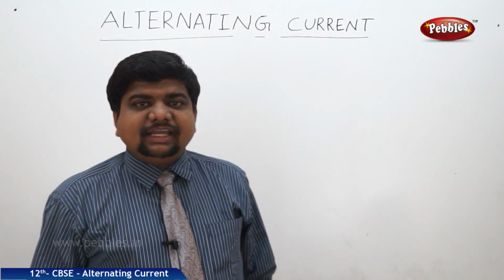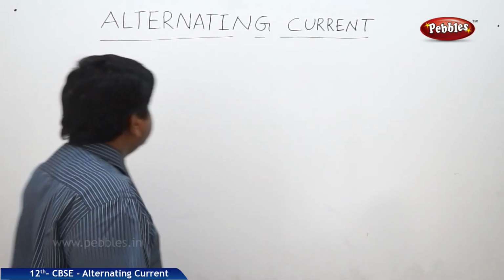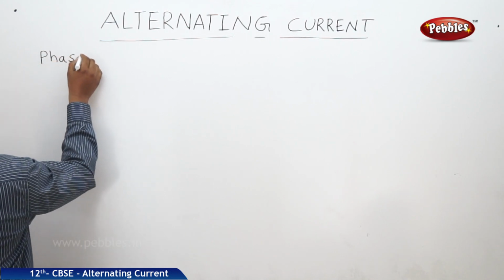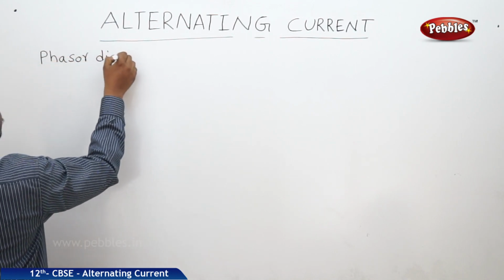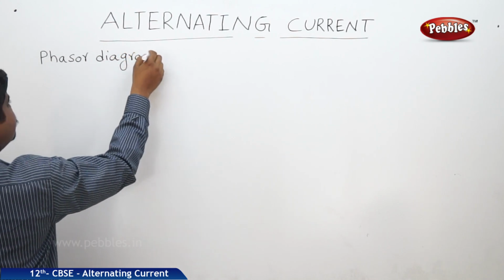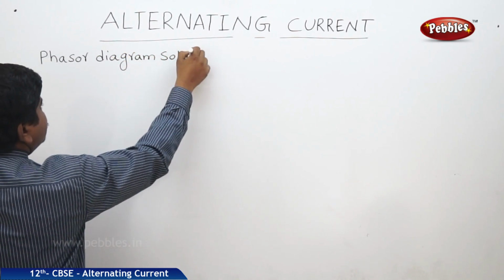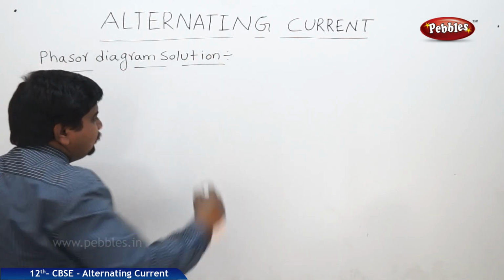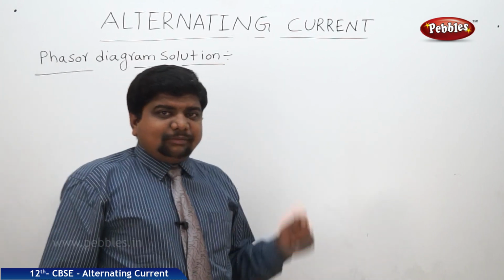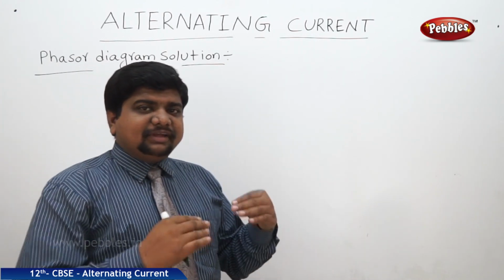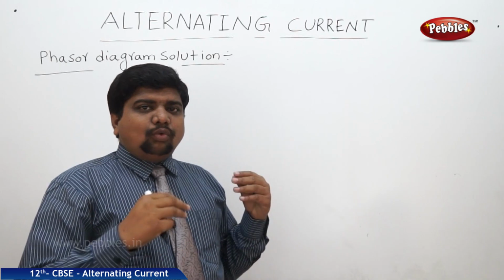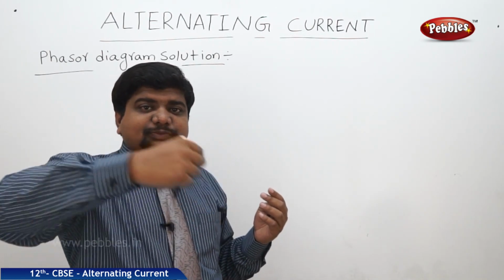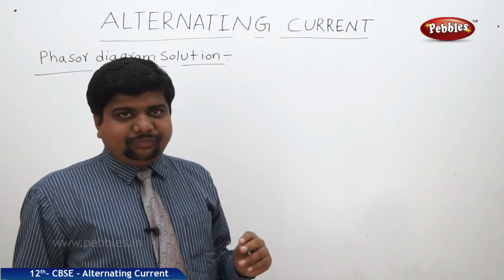Now we will see the phasor diagram solution. What is the meaning of a phasor diagram? It relates the phase difference between the voltage across the capacitor, inductor and resistor with respect to the current through these three.